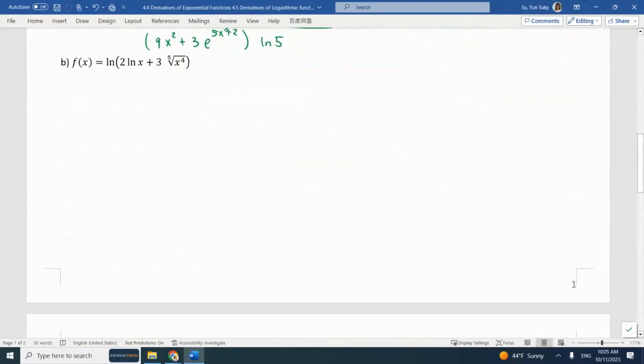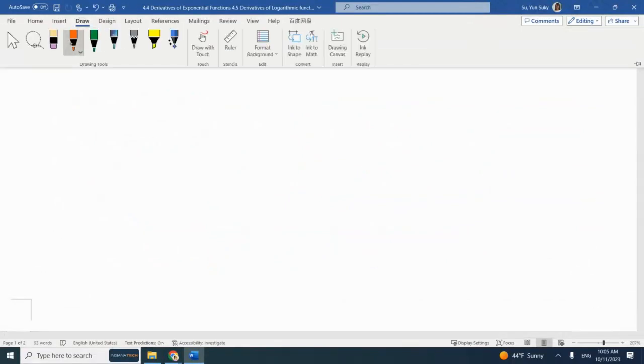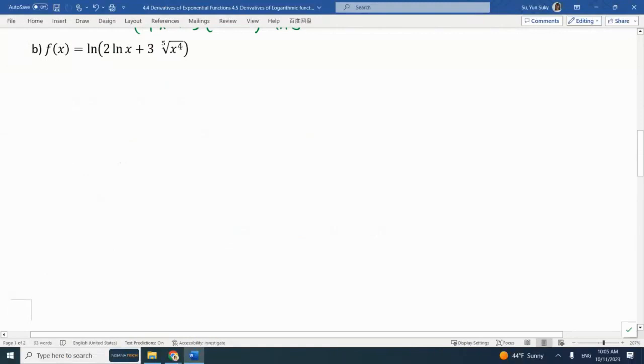Okay, let's do this. When we take the derivative, it's like an onion. We look at the outside and then the inside. The outside is ln of something, so this is a composition. For a composition, what is the derivative of ln u?